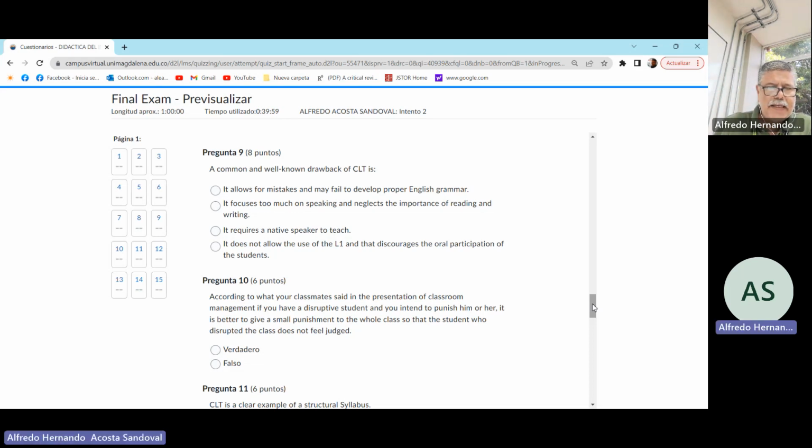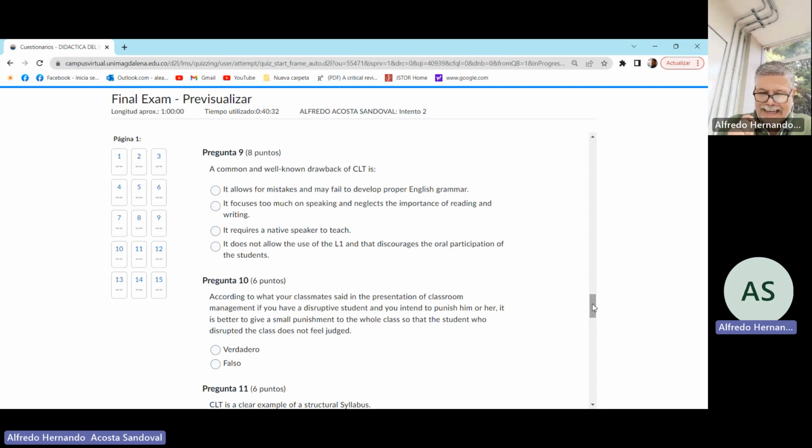Okay. A common well-known drawback of CLT is, I think probably this is kind of a challenging question, that it allows for mistakes and may fail to develop accuracy. According to many scholars, this might be the problem of CLT, that it does not address mistakes in the proper way, in the sense that it allows for mistakes, for the benefits of communication. The second one says it focuses too much on speaking and neglects the importance of other skills.